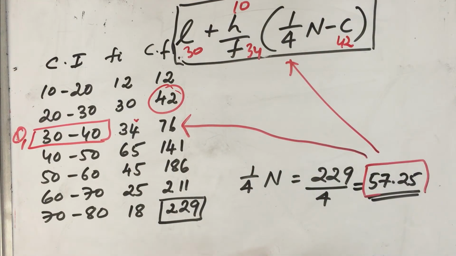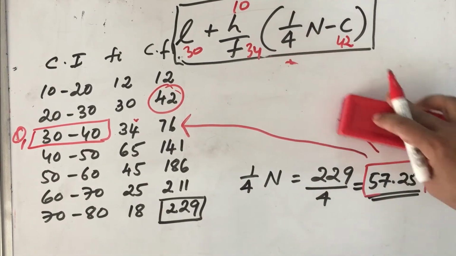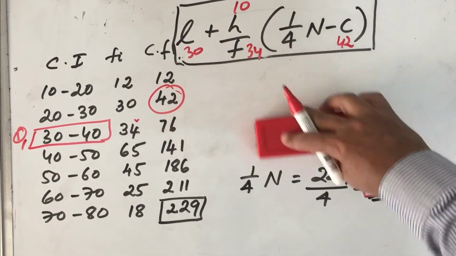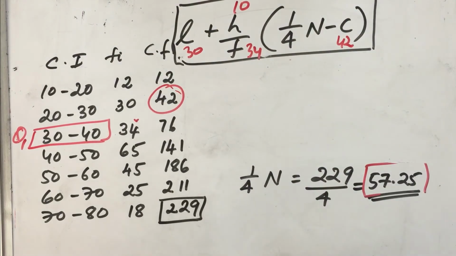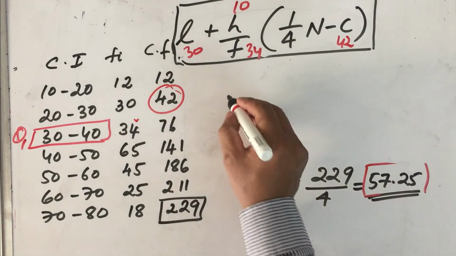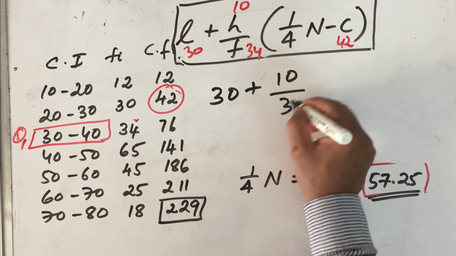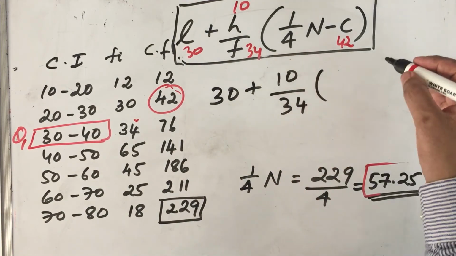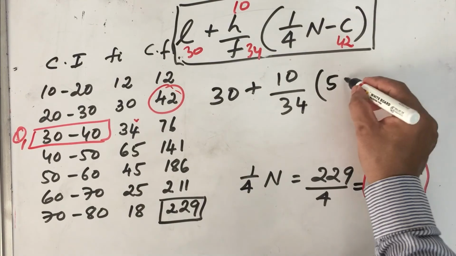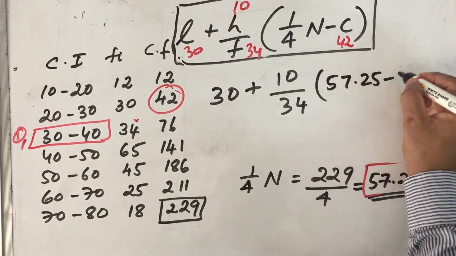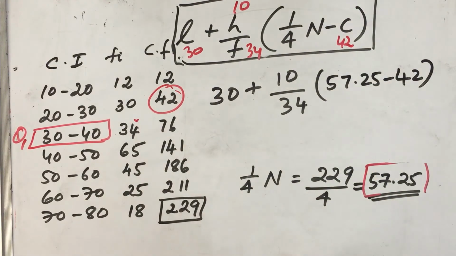It's a matter of now just doing the calculation. So 30 plus 10 by 34 into (57.25 minus 42).